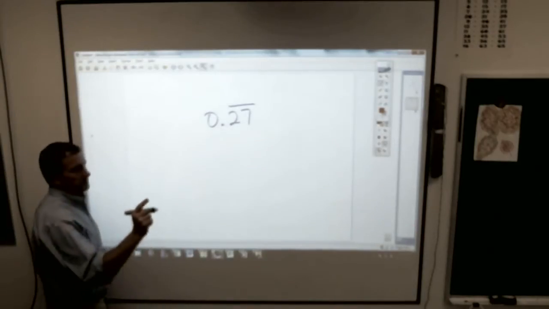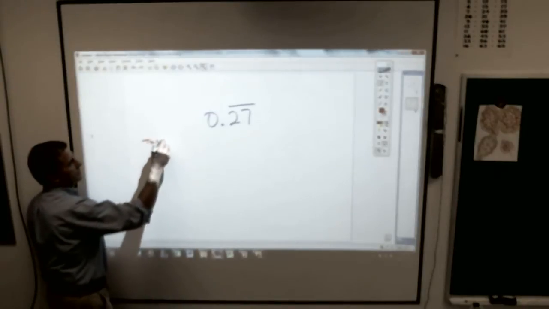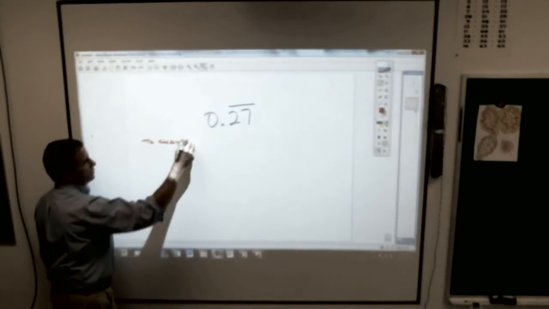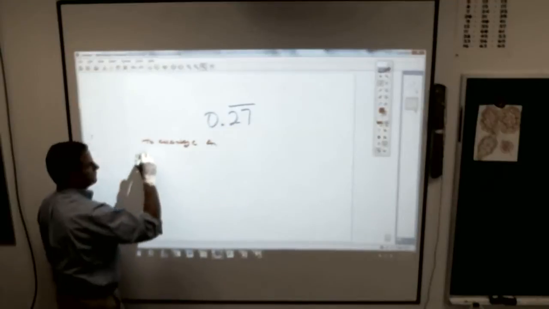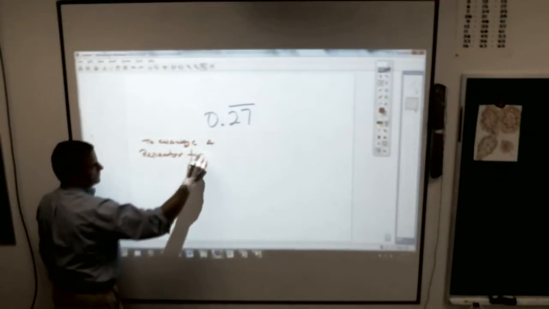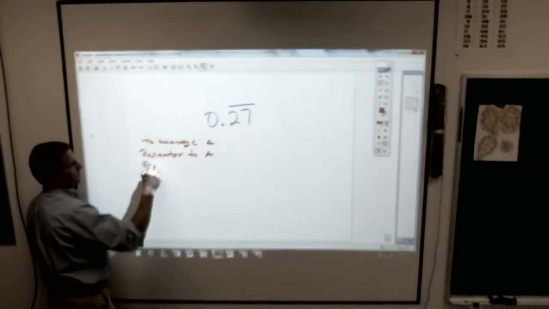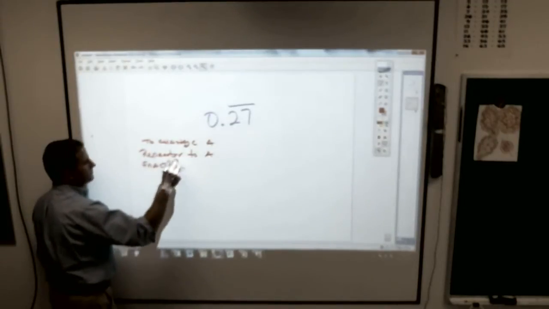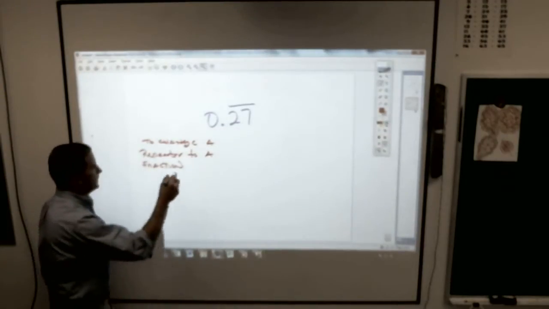Here are the steps to change a repeater to a fraction. If you follow these steps, I think you'll find it not that difficult.